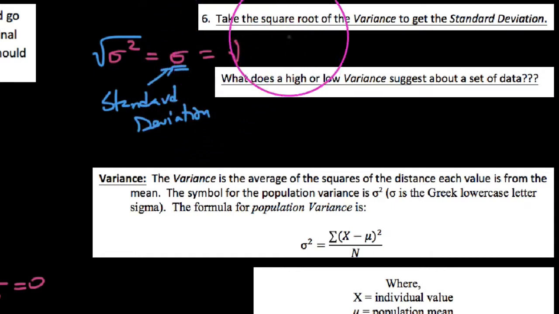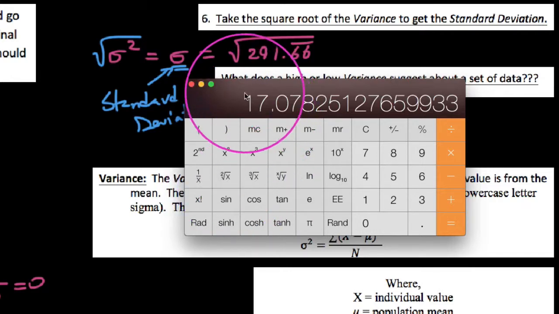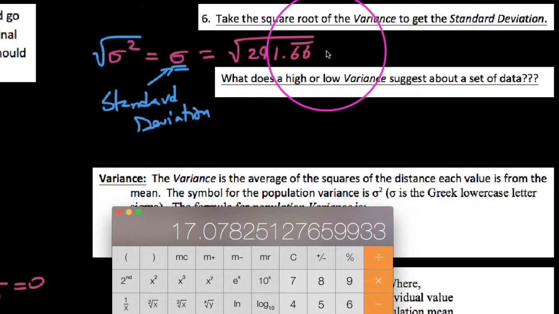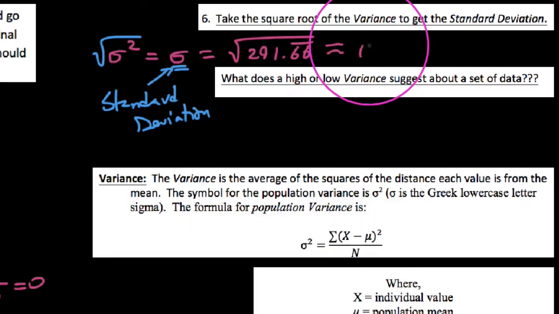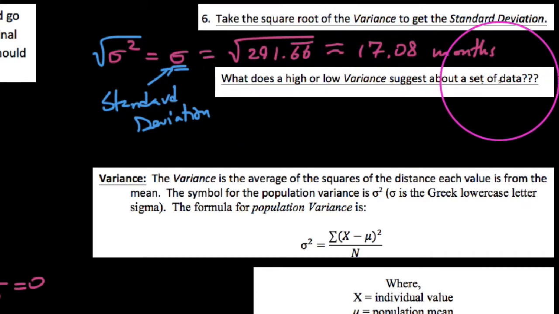We take the square root of 291.6 repeating, and the calculator gives approximately 17.08 months.